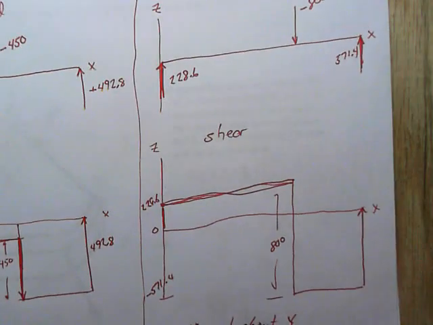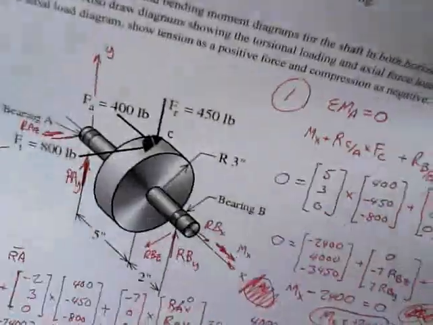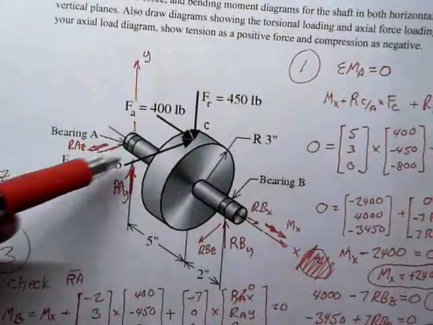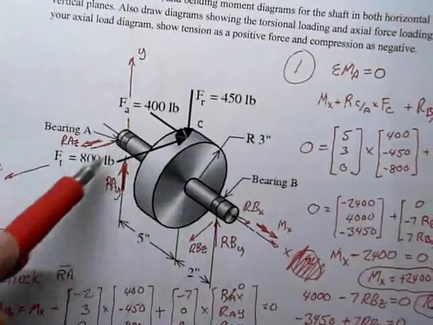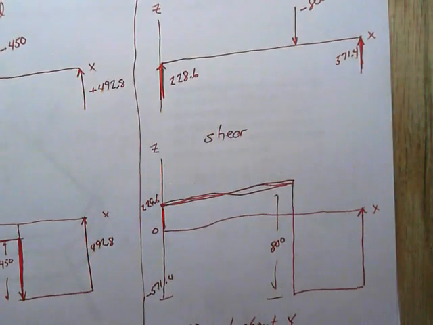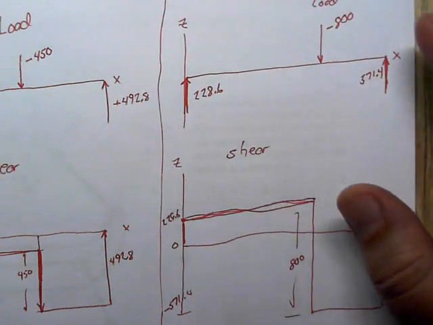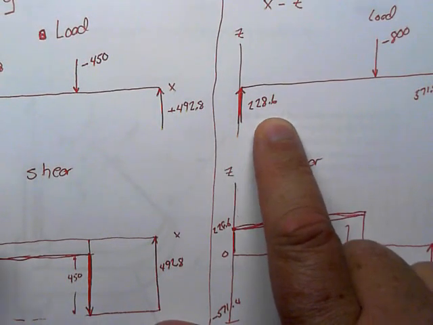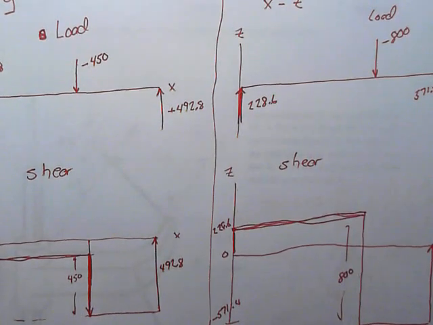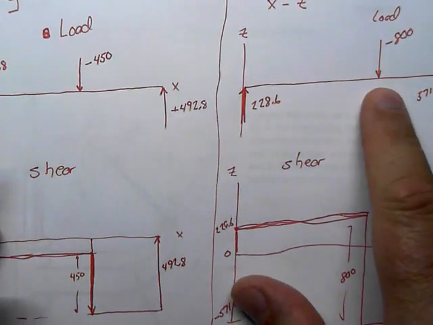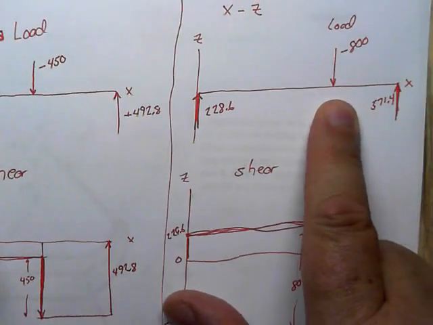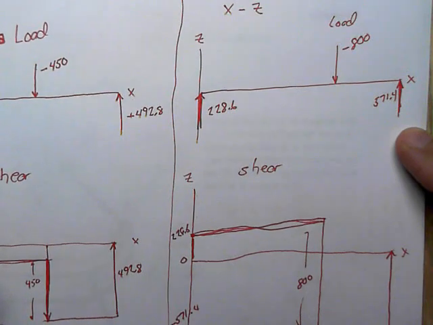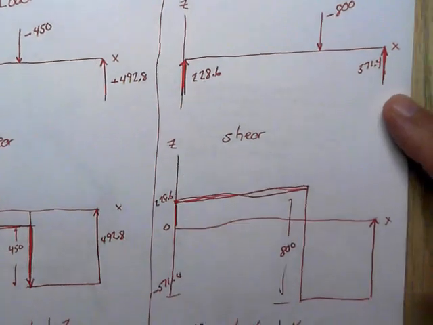Alright, in the XZ direction, looking back at the picture, Z is positive, and we're looking at this plane. In the XZ direction, we have a reaction load of positive 228.6 in the Z, an applied load on the gear of minus 800, and a reaction at the other end of 571.4, positive in the Z. We saw those earlier.